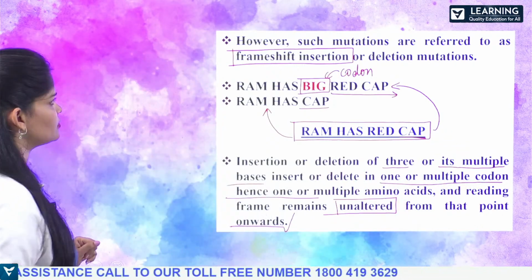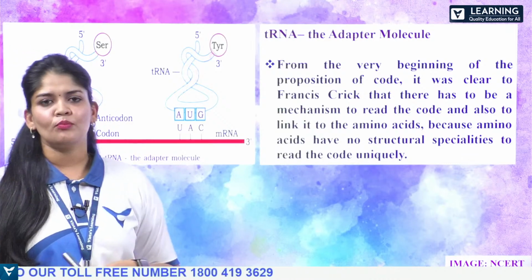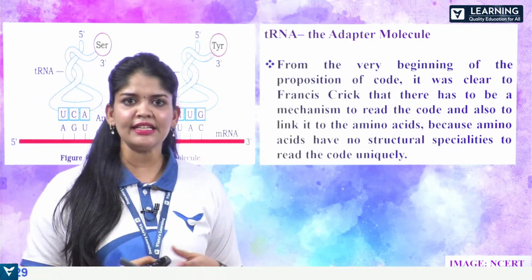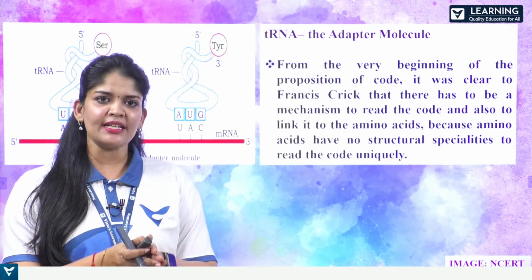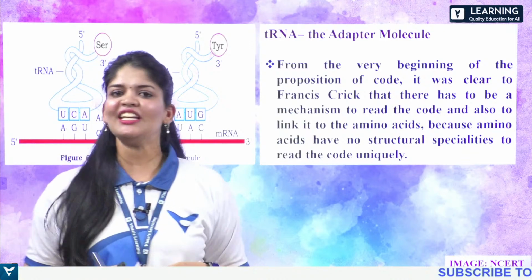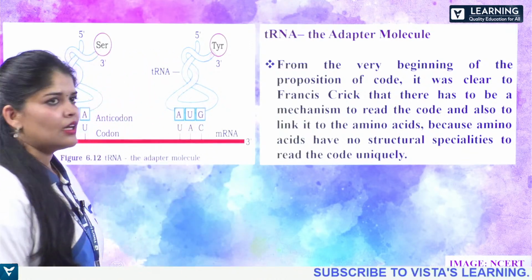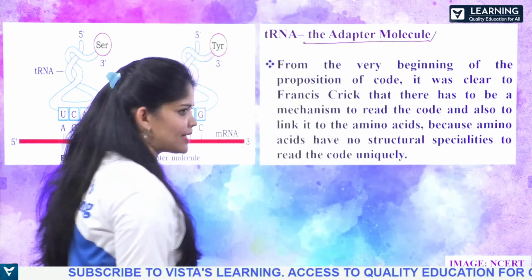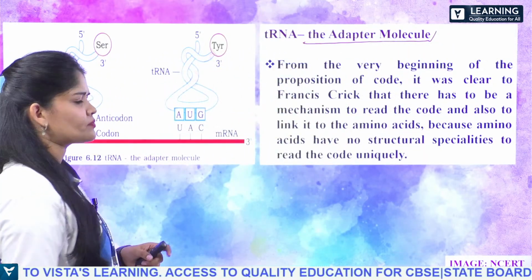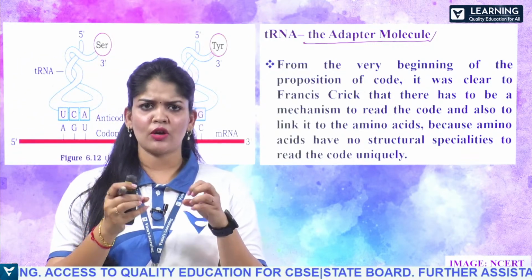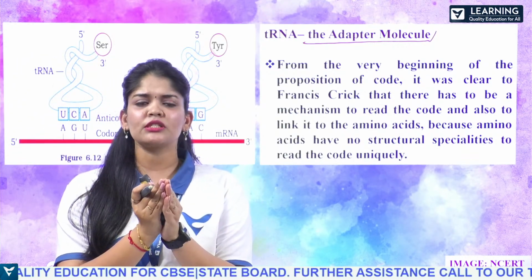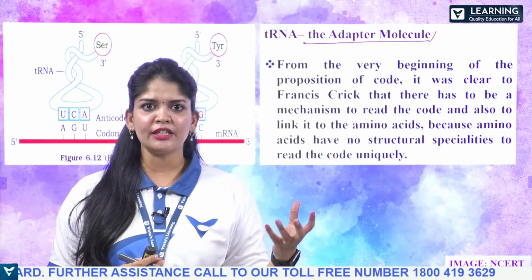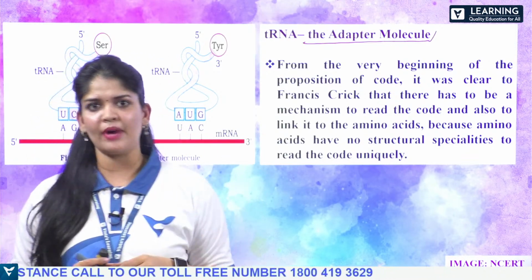Now, moving on to understand the structure of the tRNA, which is very, very important to understand the process of translation, that is the production of proteins by using the bases present on the mRNA. The tRNA, transfer RNA molecule, is going to act as an adapter. Amino acids don't have any speciality to identify the code present on the mRNA.